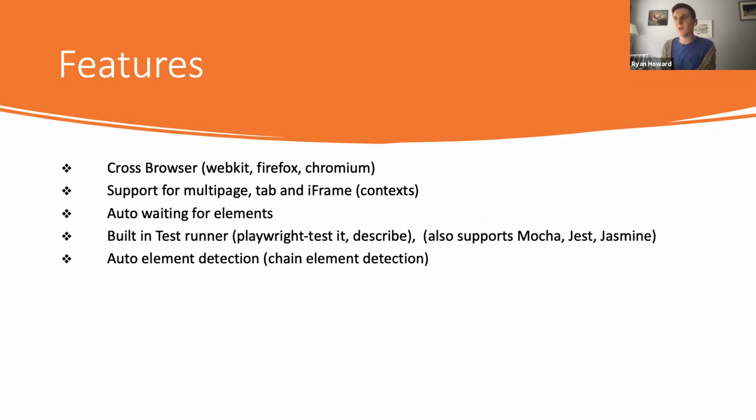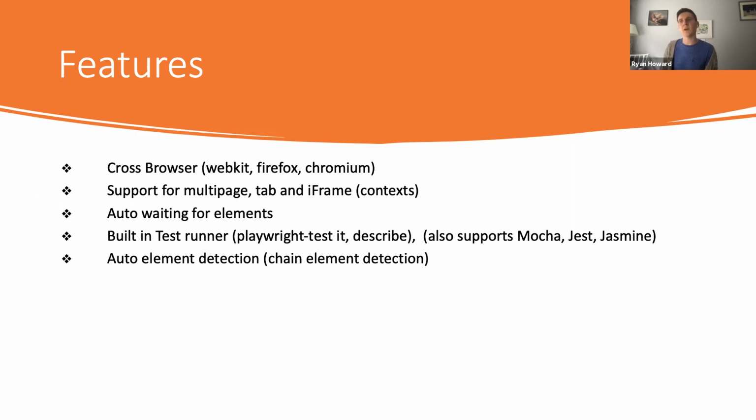Auto element detection and chain element detection. And what I mean by this is that Playwright tries to interpret what type of element you're looking for with your selectors. So, for example, if your selector starts with a double slash, it's going to assume that is an XPath. So it's going to treat it as an XPath.